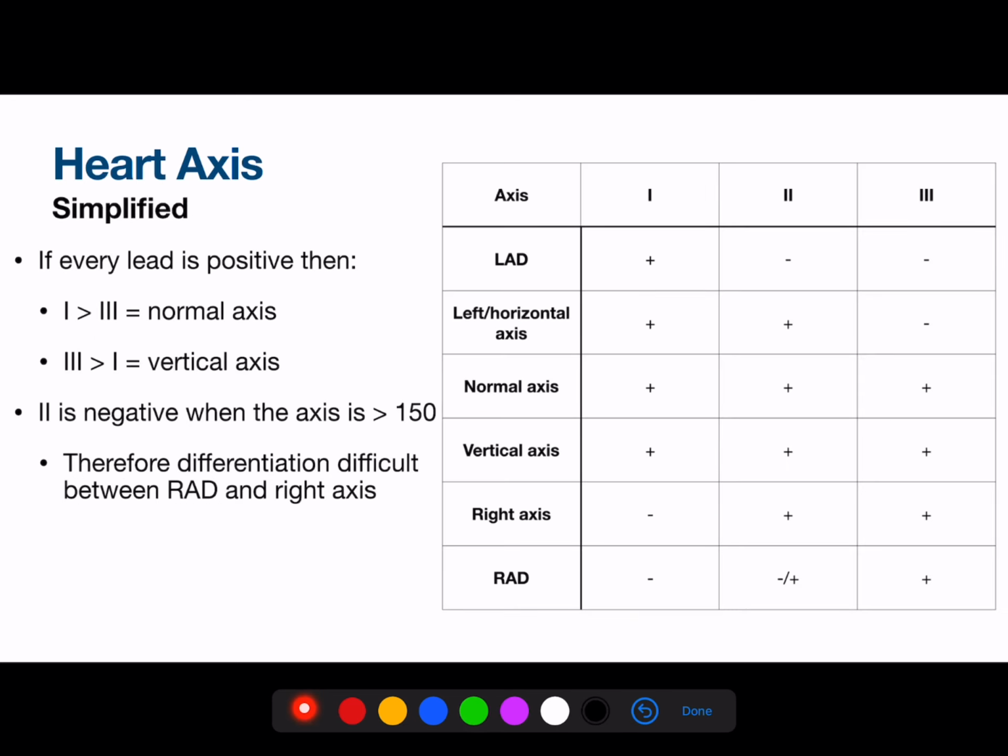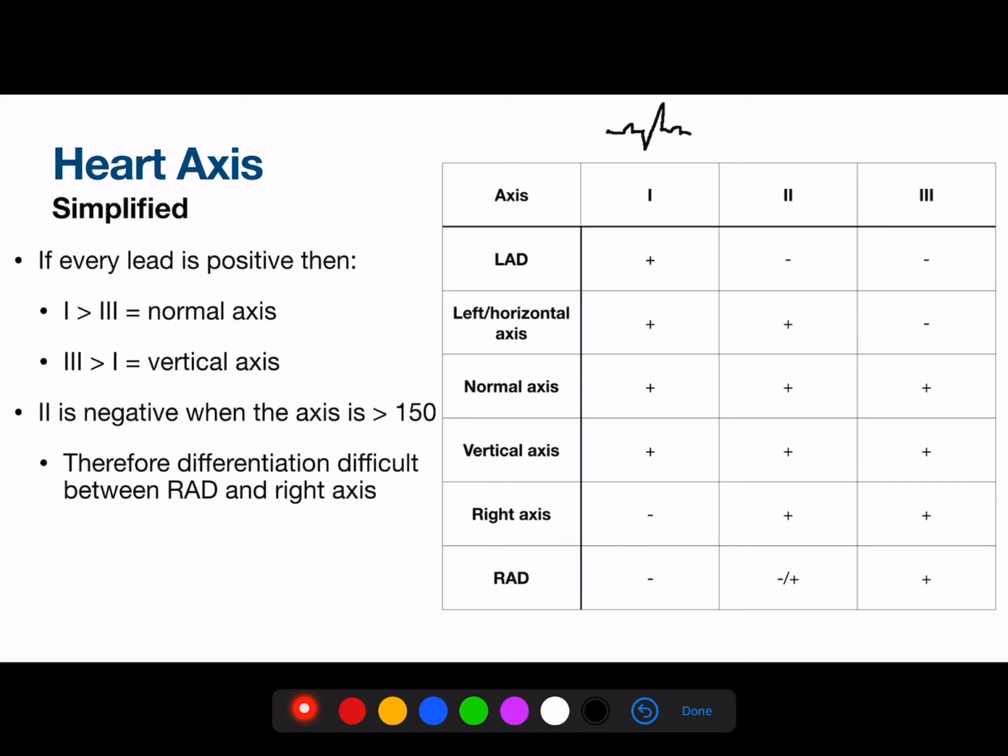Here's a more simplified version of how to estimate the heart axis. What is important here is that you have to look at lead 1, lead 2, and lead 3, and you have to look at the QRS complexes. So for example, if in lead 1 the QRS complex looks like this, then you see approximately there's more positive deviation than negative, so you can put a plus sign.